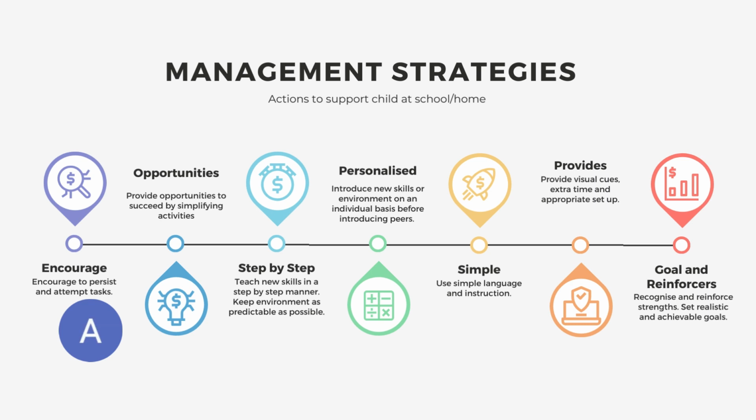Of course, last but not least, is their goal. To reach their goal, most children work well with a reinforcer. So recognize and reinforce their strength first, and also set achievable and realistic goals. If your child is almost independent, then it's okay to go for a big goal.